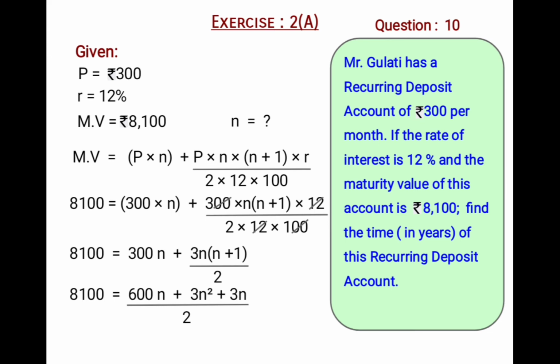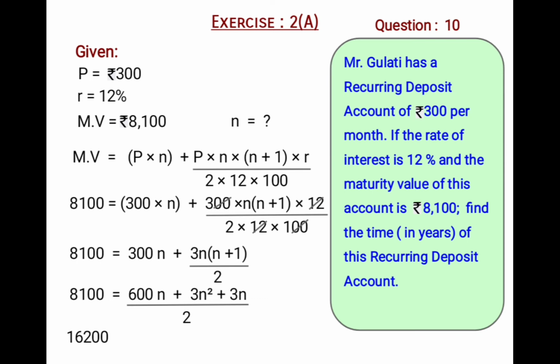Now I am going to cross multiply 2 with 8,100. 8,100 into 2 is 16,200, which equals to, now I am having two like terms, that is 600n and 3n.